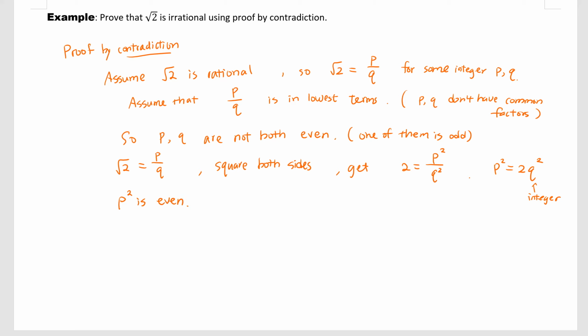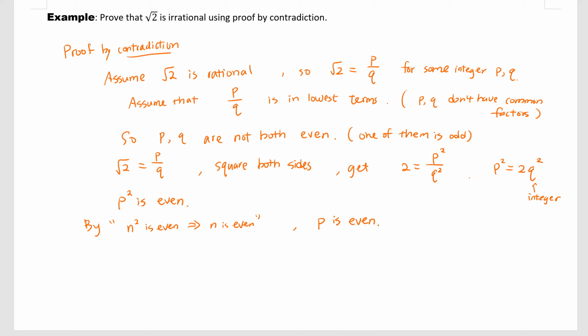By the example we proved before, n squared is even implies n is even, so we know p is even.